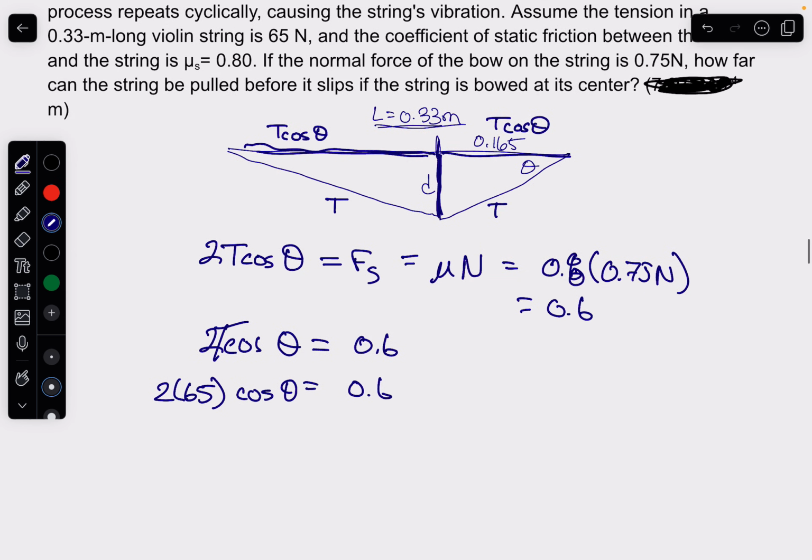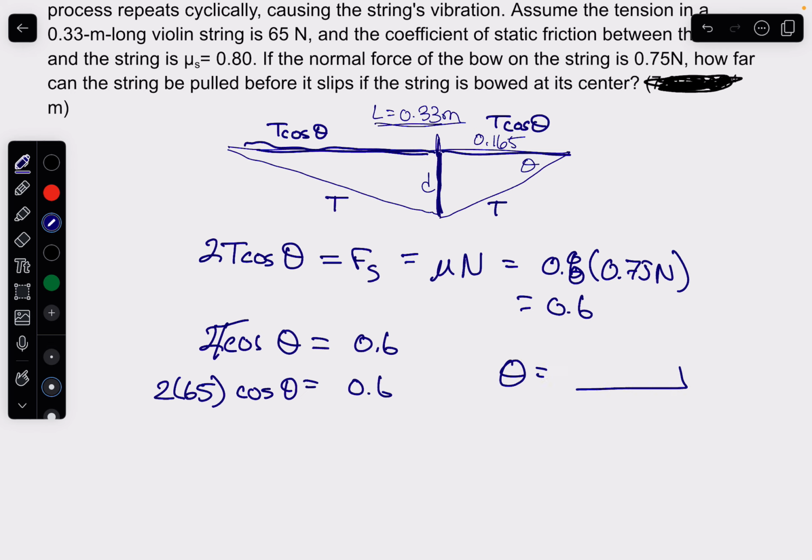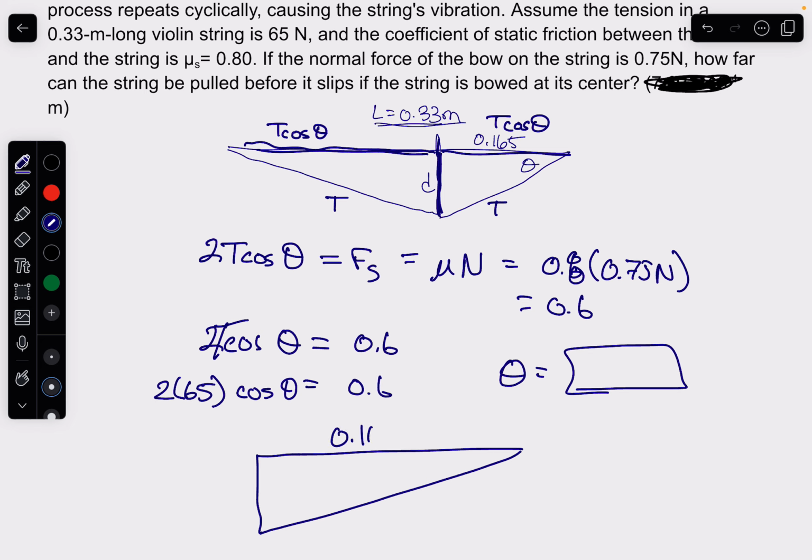And at this point, you find theta. So find what theta is, and at this point, we now just have a triangle problem, right? We have a trigonometric problem where we have a triangle right here where we know this is 0.165 meters, and we know what our theta is, and you're trying to solve for this x or this distance, and that's how you do it.